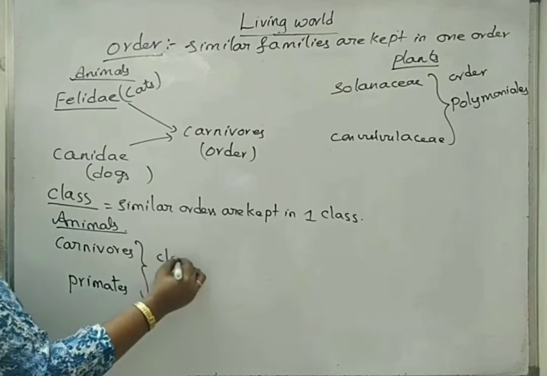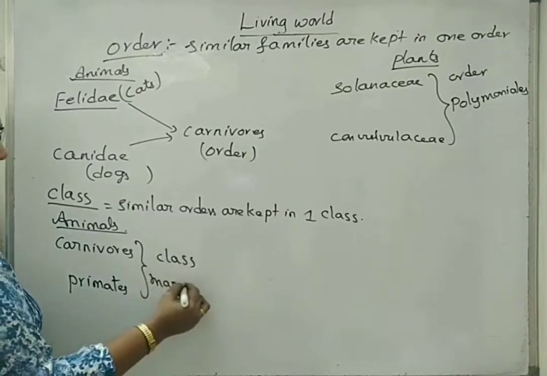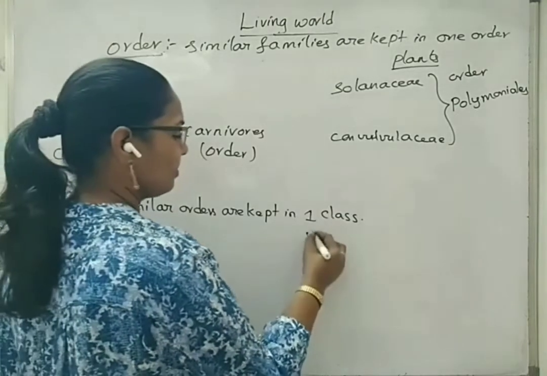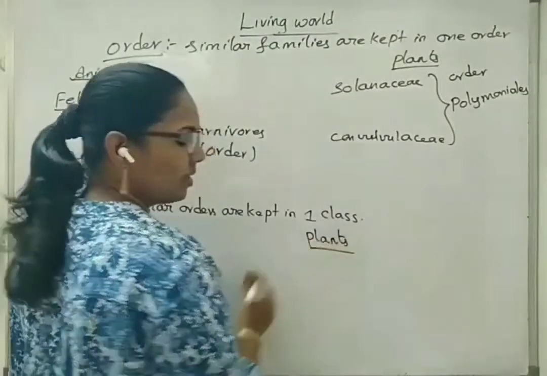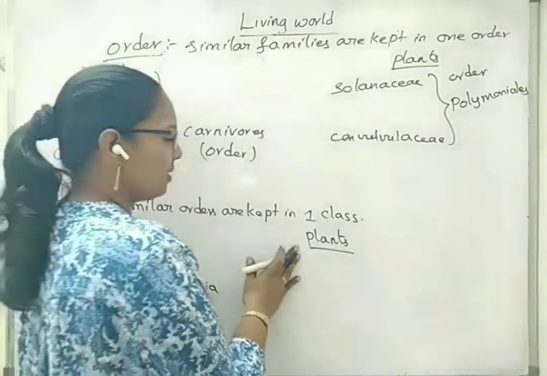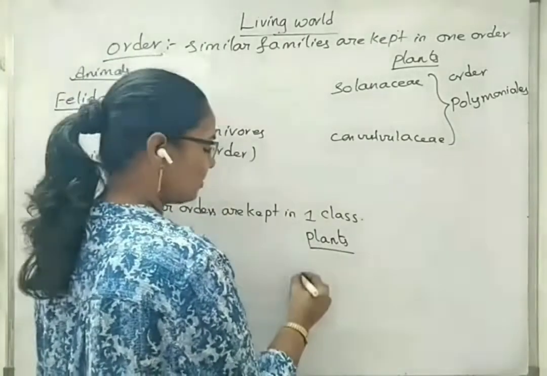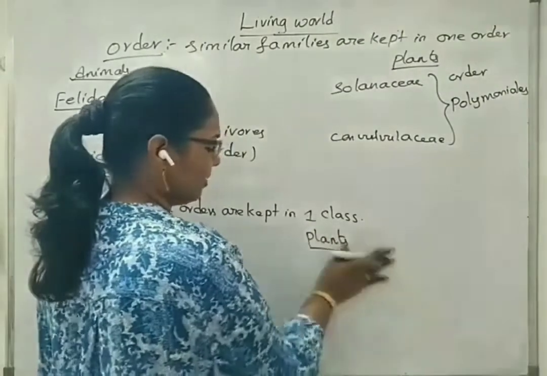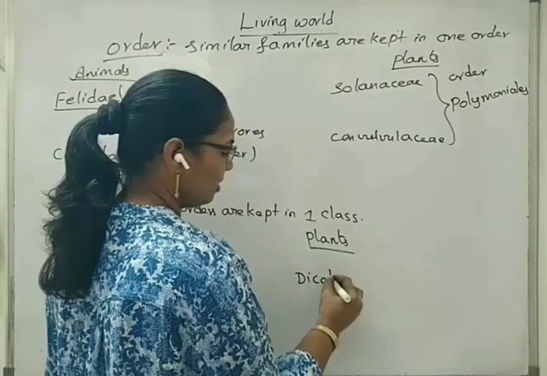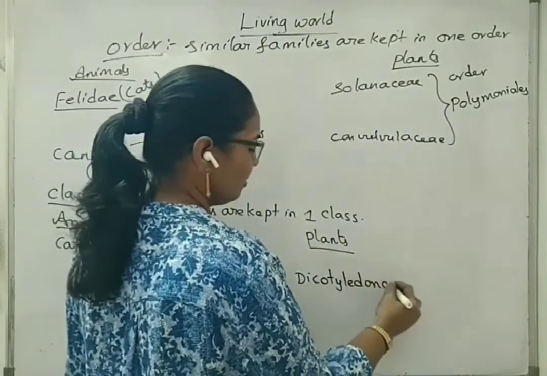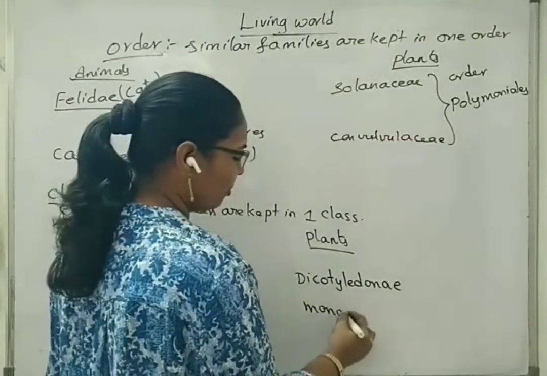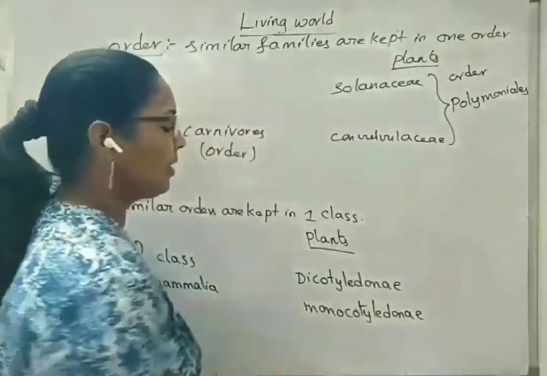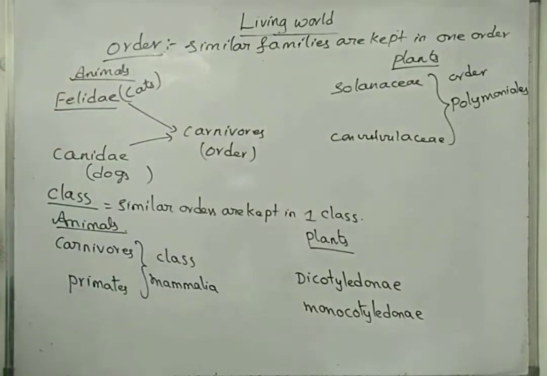Both belong to class Mammalia. Under plants, the terms given for class category are dicotyledonae and monocotyledonae. Simply we call them dicots and monocots.